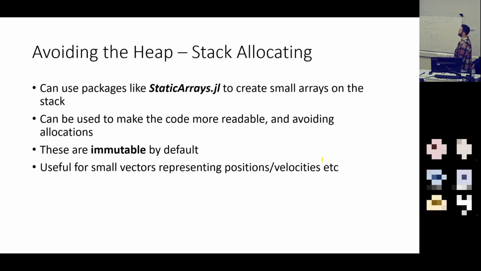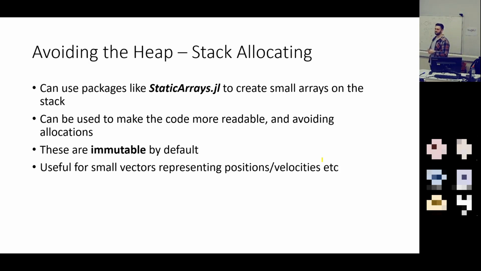Yeah, so the final one. You can avoid the heap altogether if you know what size your arrays are. There's a package called static arrays, which lets you create usually pretty small arrays, less than 100 elements. If you know the size at compile time, you can actually allocate these on the stack instead of the heap.